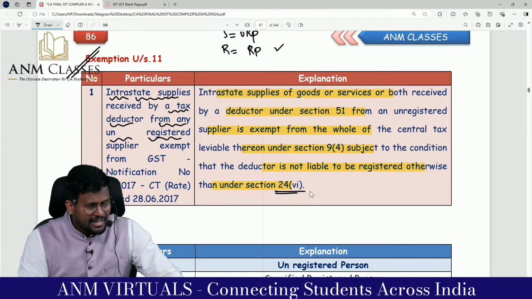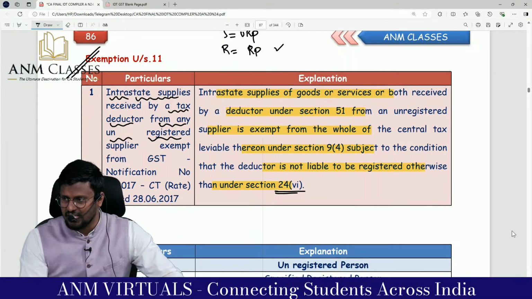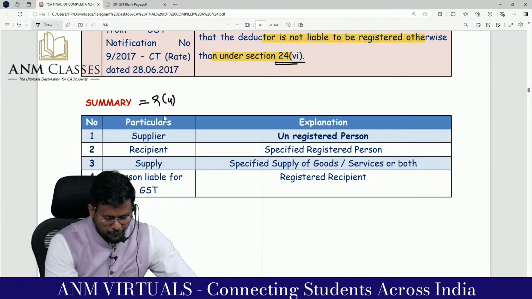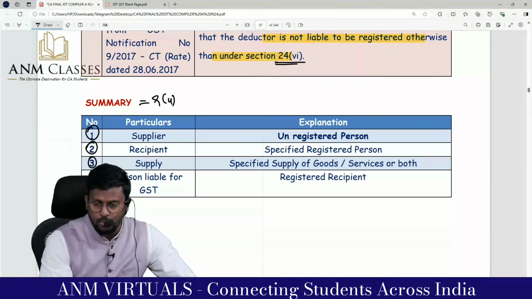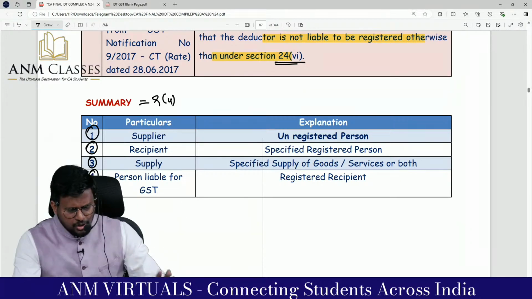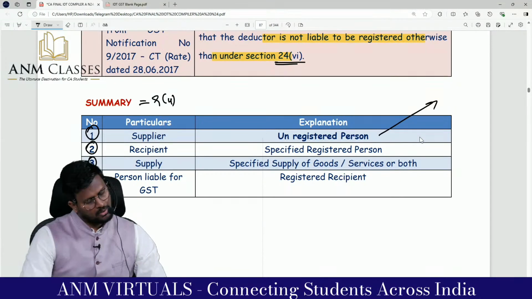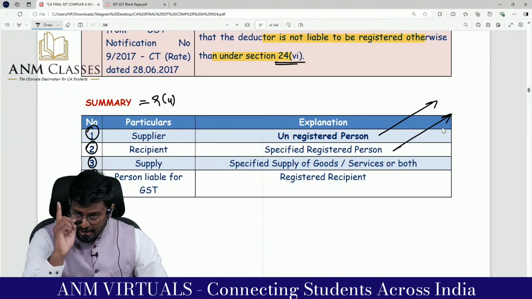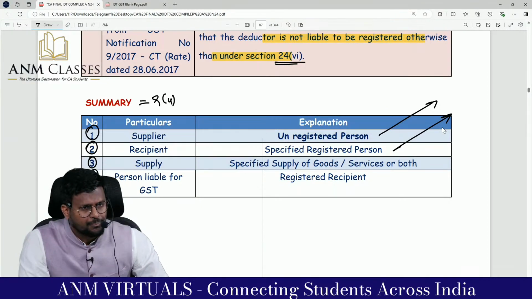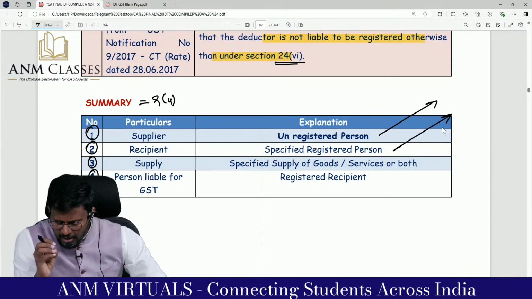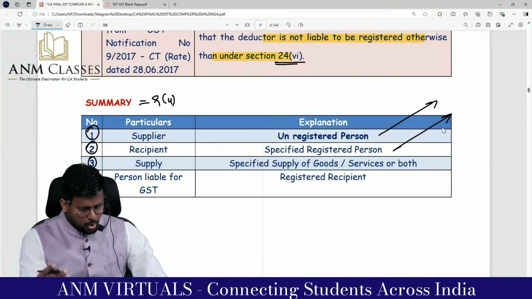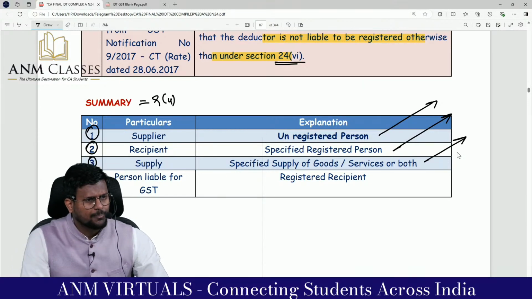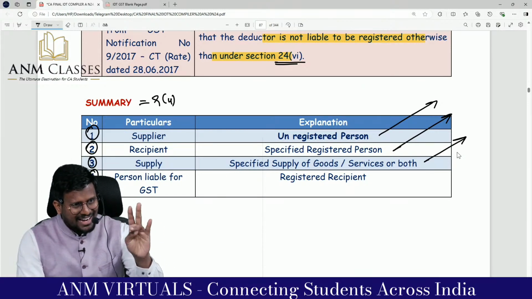Are you all really with me? It is fully exempted under section 11. That means the summary of section 9(4) is four points, my dear lovable students. Yes, the supplier should be an unregistered person. The recipient should be a specified registered person. They have specified for our examination that the specified person is the promoter, and the supply should be a specified supply of cement, and other than cement.